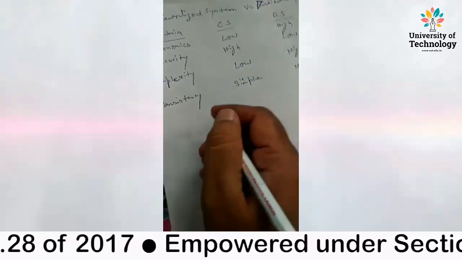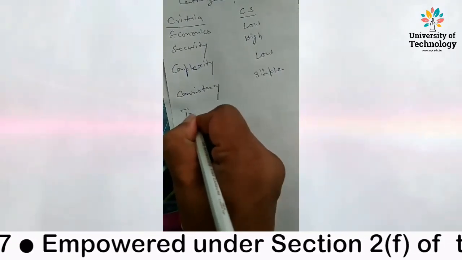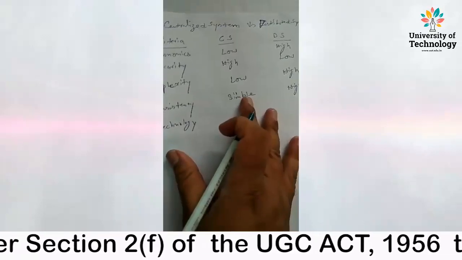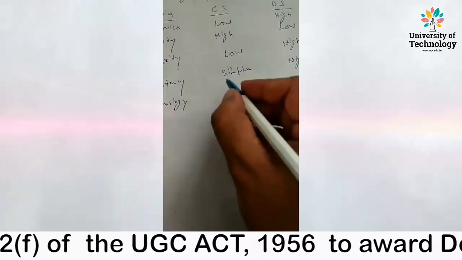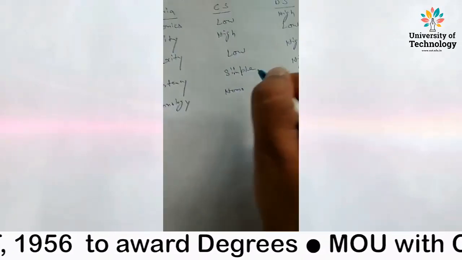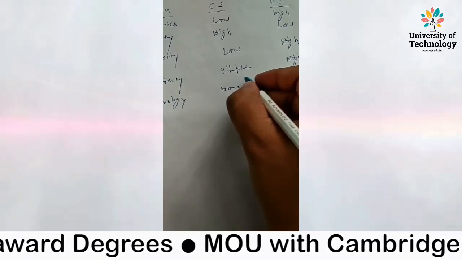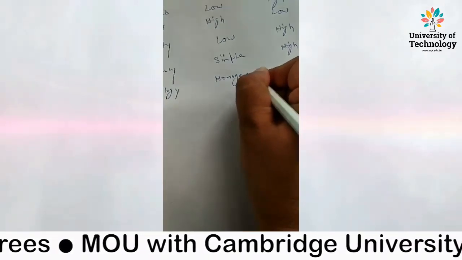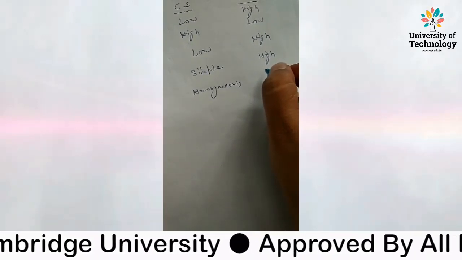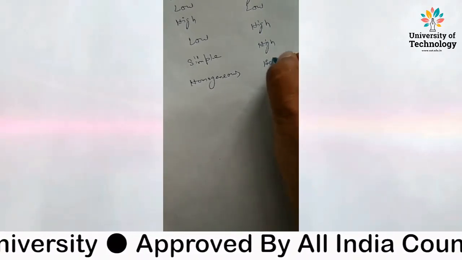Next, technology. It is homogeneous in centralized system, and in distributed system heterogeneous.